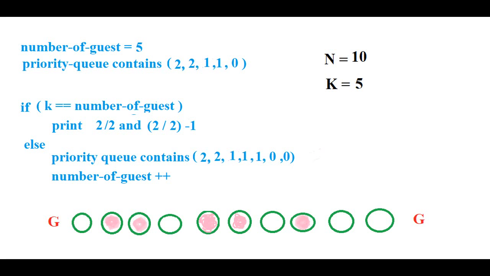Now, K is equal to 5, so K is equal to our number of guests. We retrieve the maximum number of consecutive available bathroom stalls by doing a dot top on our priority queue, and we print out this number divided by 2 twice as our answer. This number, which we can call x, will get divided by 2 according to whether it is even or odd. In this case, x equals 2, and so the result will be 2 divided by 2, that is 1, and 2 divided by 2 minus 1, that is 0.